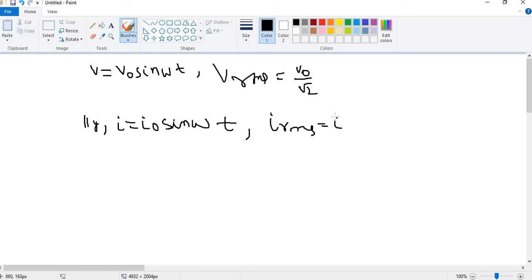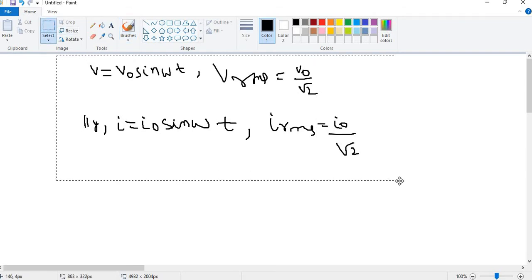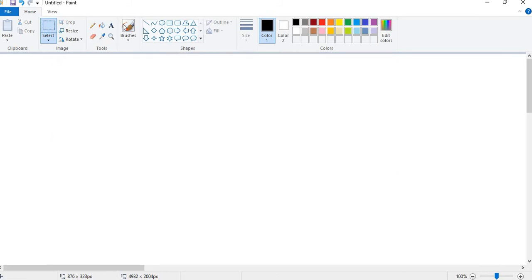So we are going to see the derivation. If I is equal to I naught sin omega t, then the formula for IRMS is I naught by root 2. We are going to derive this formula, so I will start the derivation. Initially, from the definition, as we have seen, first we have to do the square, then the mean, and then the root.